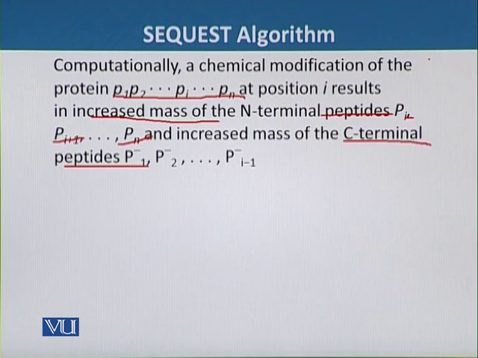As you know, there are two terminals in the protein: one is the N-terminal, the amino group, and the other is the C-terminal, the carboxylic group. And the increased mass of the C-terminal peptides will be P1, P2, up to Pi-1.